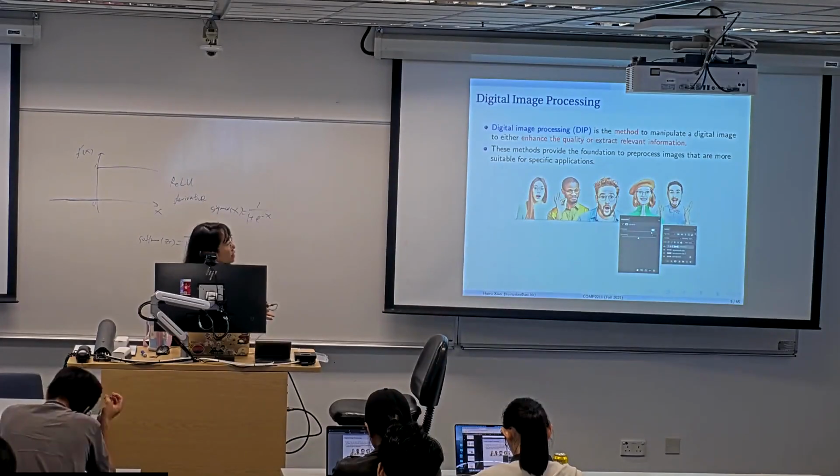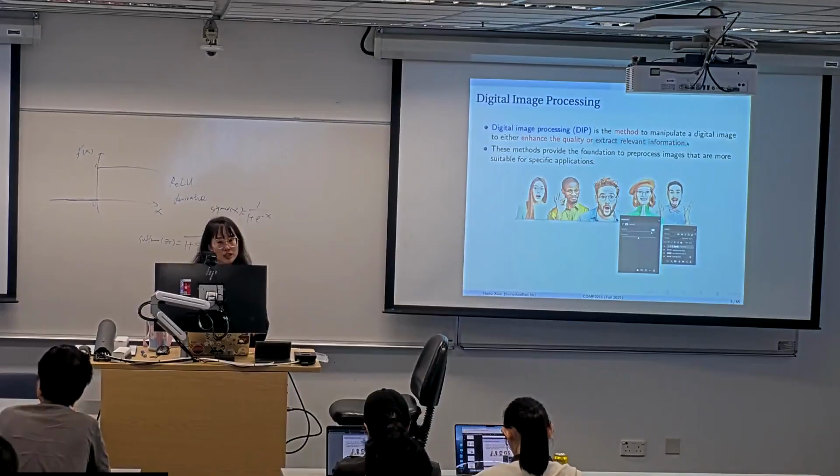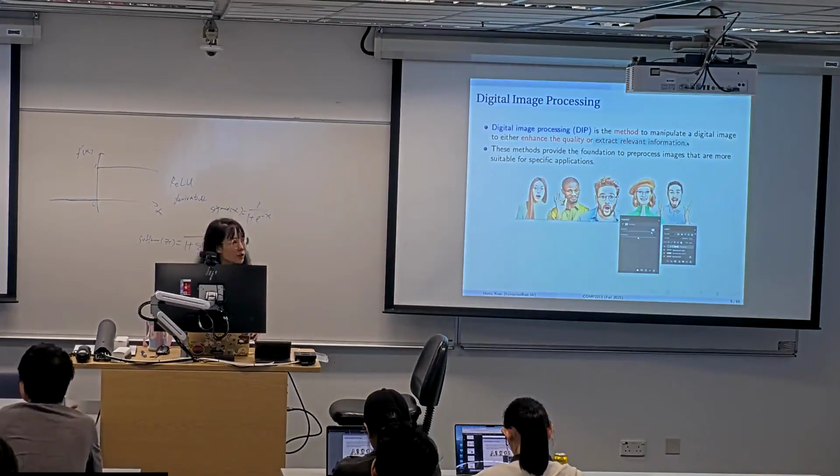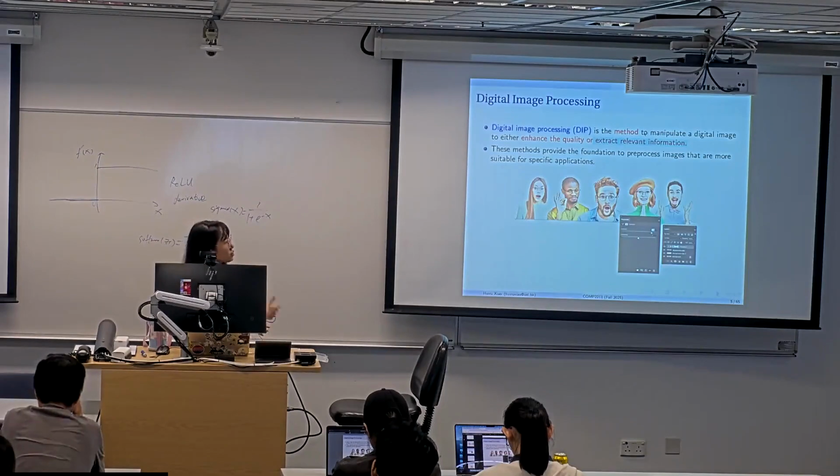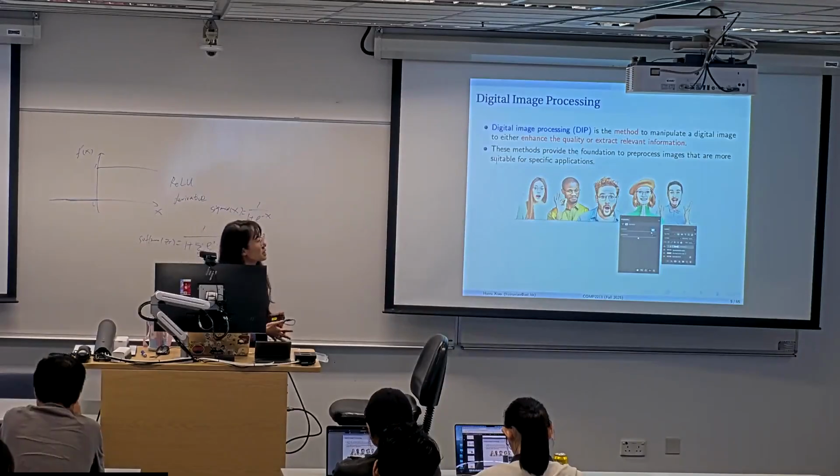And extracting relevant information is usually considered as feeding it into some neural network or machine learning model. So we need to make the images easier for the neural network to extract relevant information. And these methods provide the foundation to pre-process images to be more suitable for specific applications.